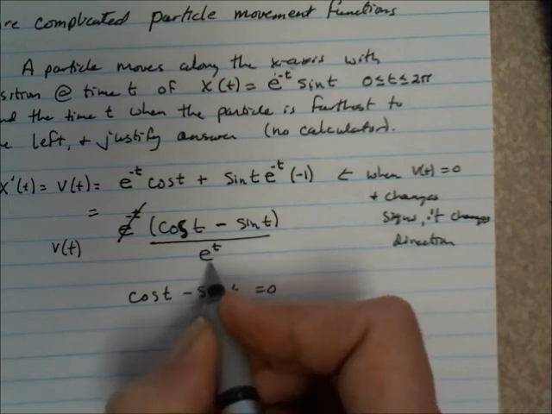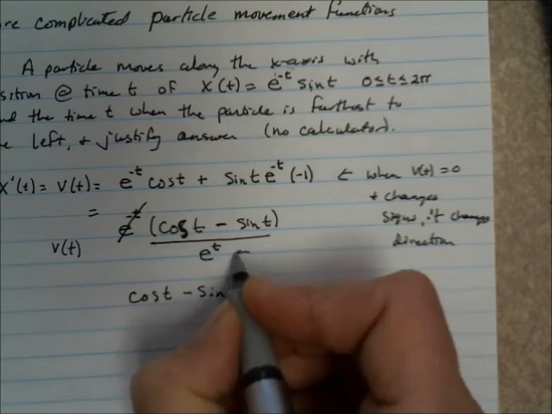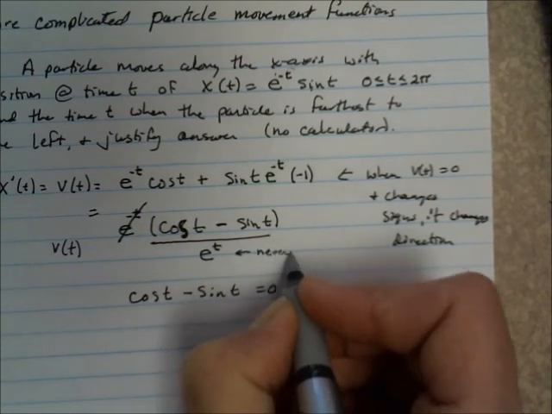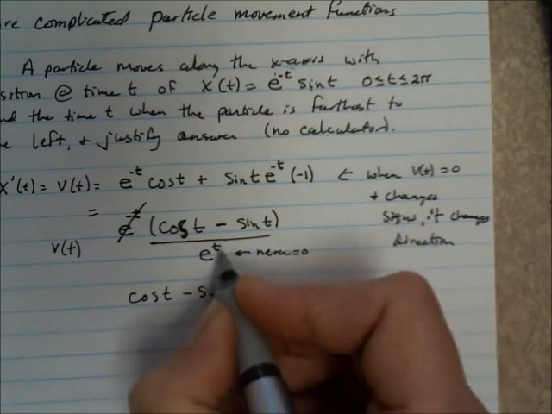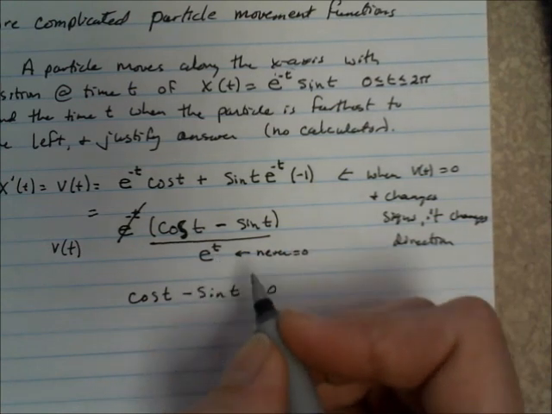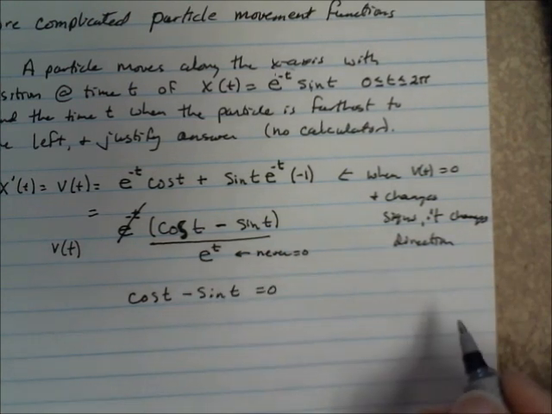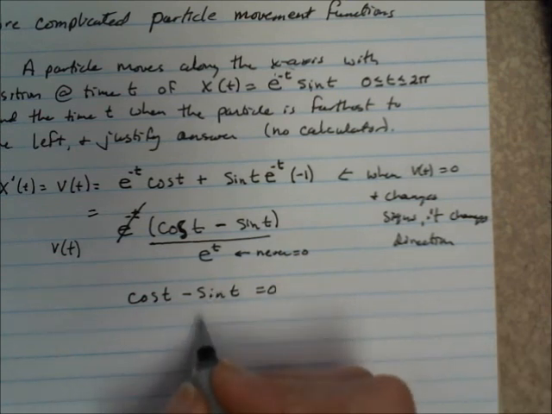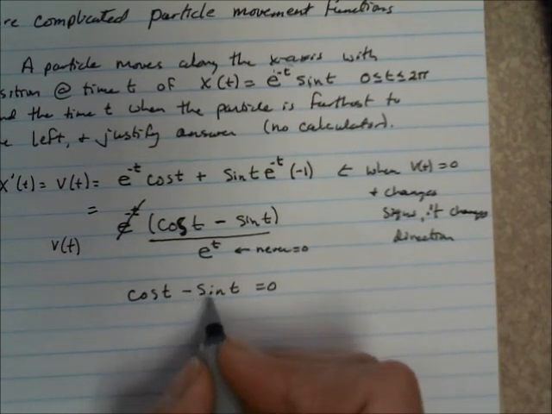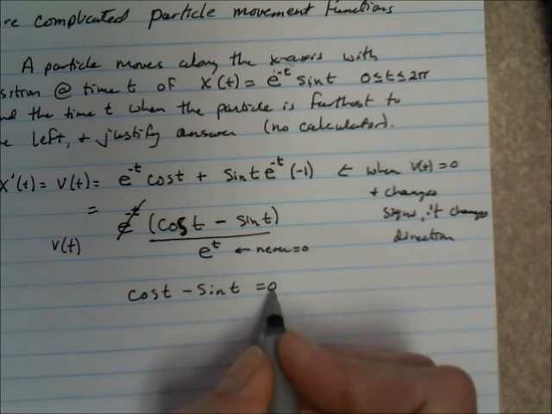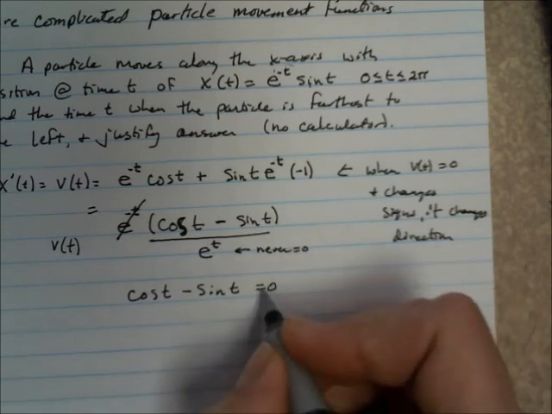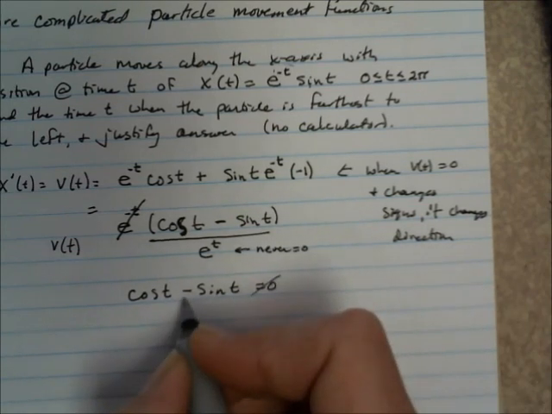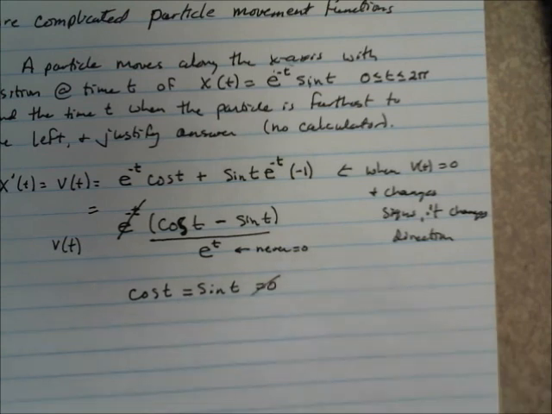And if you remember the exponential function, e to the t is never going to be equal to 0. There's no value of t that you can plug in that will make this term equal to 0. So the denominator doesn't have a critical value. The numerator does. If it's equal to 0, we can just add sine of t to both sides, or in other words, set cosine of t equal to the sine of t.